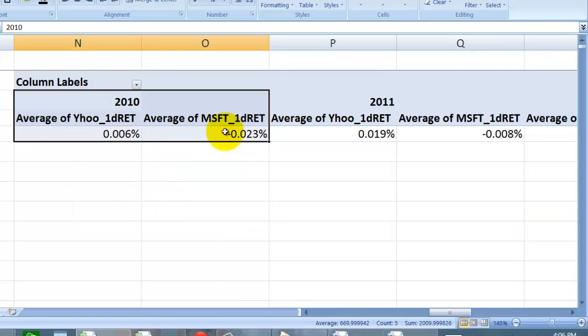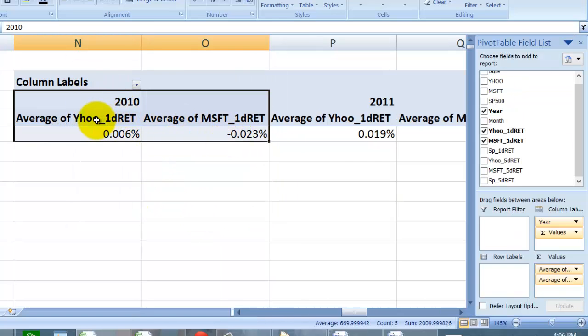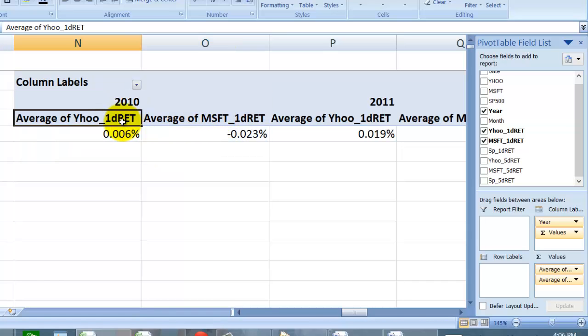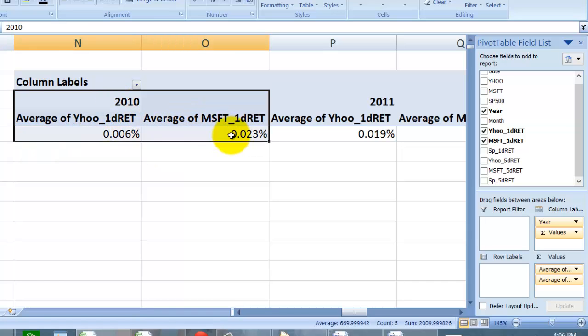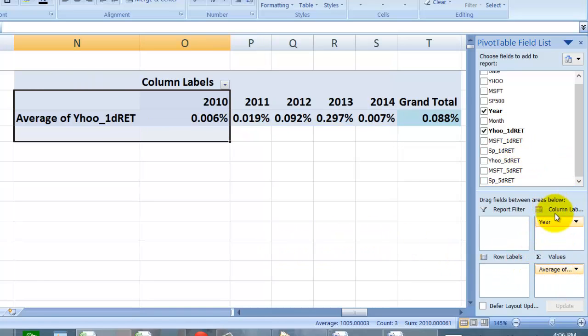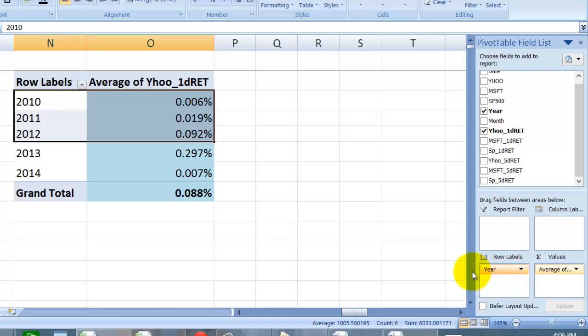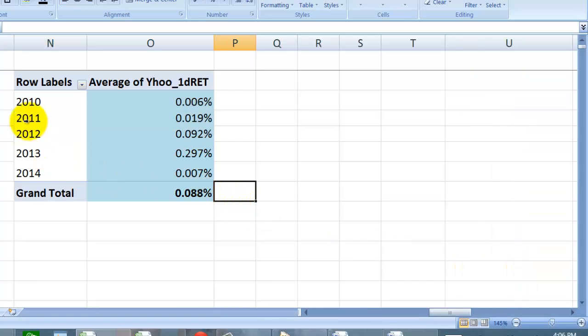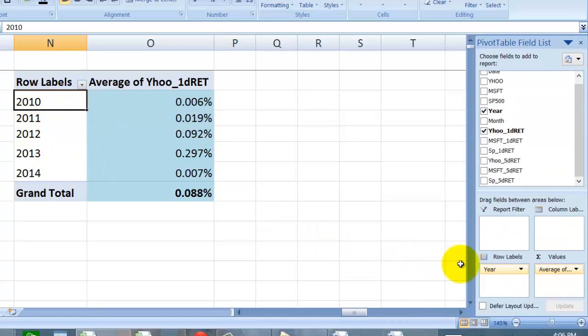It works in the sense that here's year 2010. So you have the 2010 number for Yahoo, the 2010 number for Microsoft, but you see your table will get larger and larger easily, right? So what I want to do is, okay, I turn it into column.